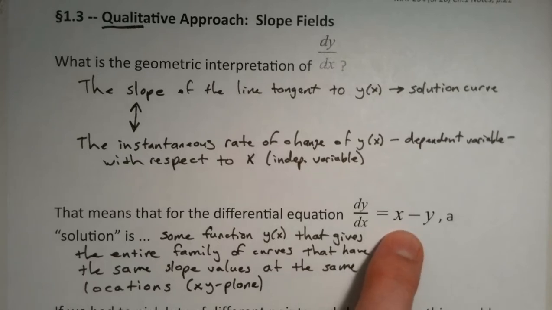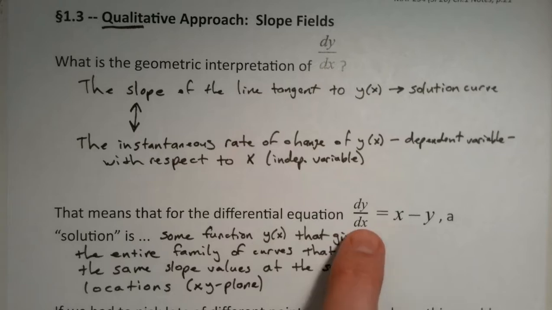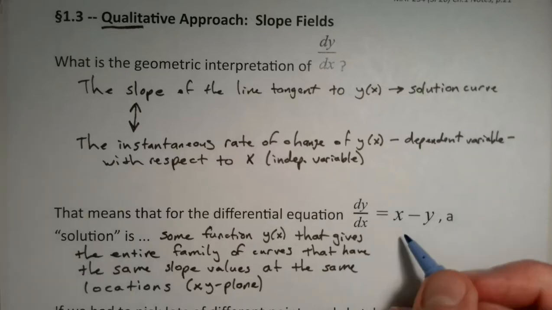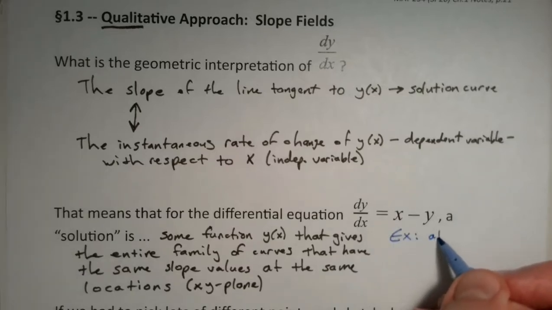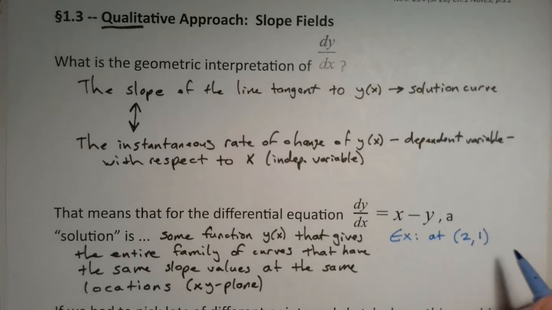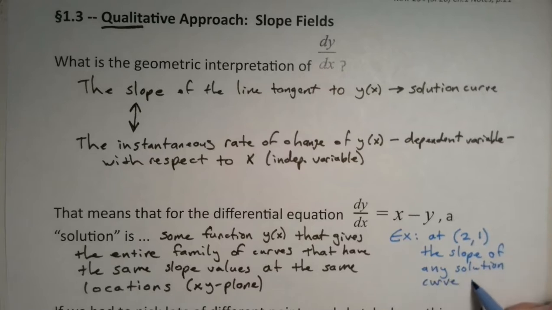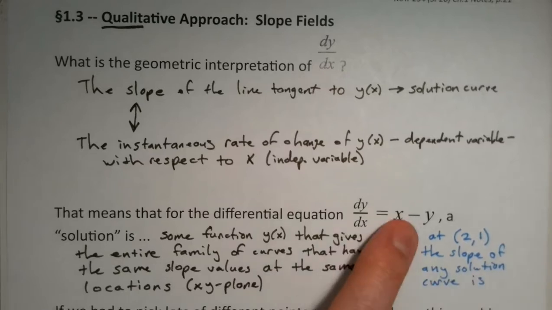This differential equation is saying, if you give me an x coordinate and a y coordinate, I'll tell you what the slope is at that point. So for example, at the point (2, 1), the slope of any solution curve is 2 minus 1.